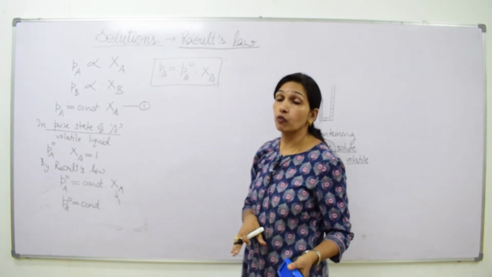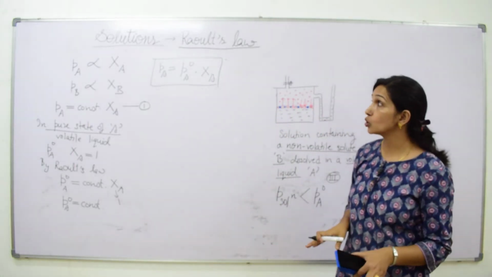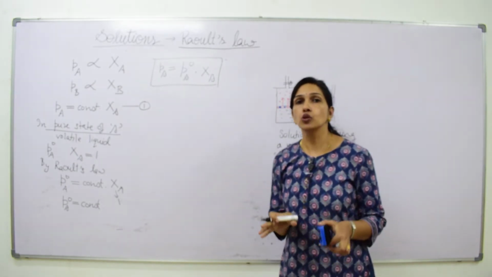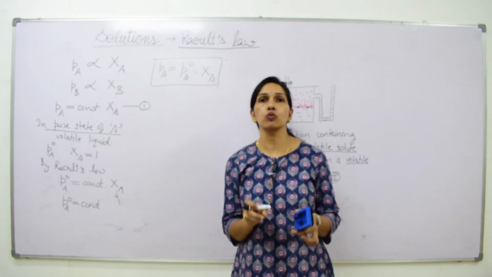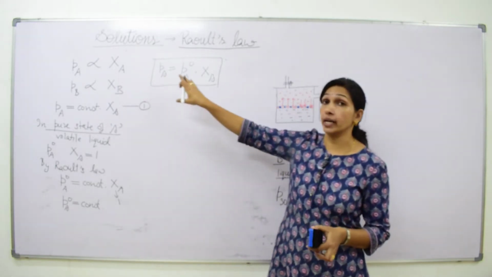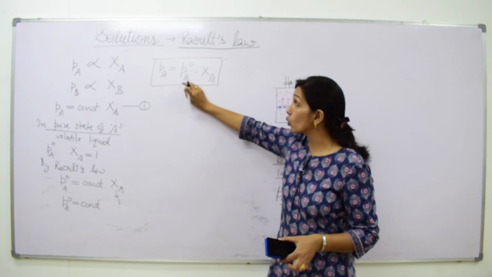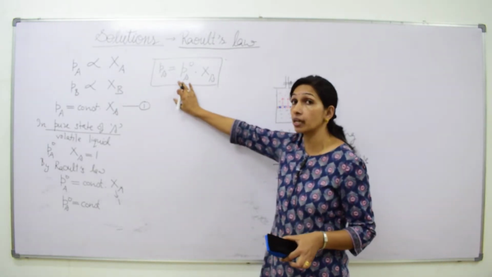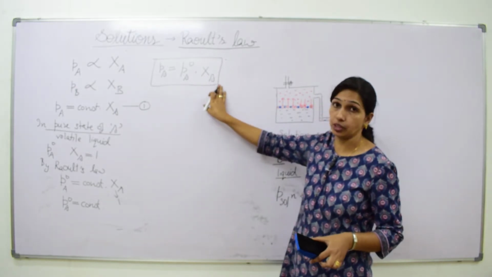So, we can give one more statement of Raoult's law: for a solution of two or more volatile liquids, the vapor pressure of each component is equal to the product of the vapor pressure of that component in its pure state and its mole fraction.